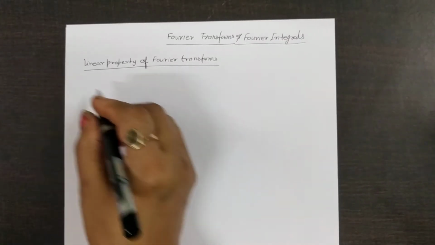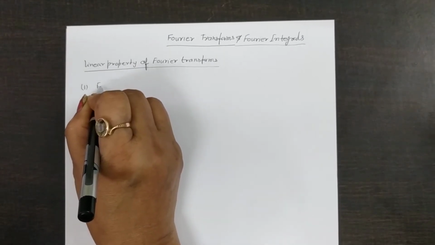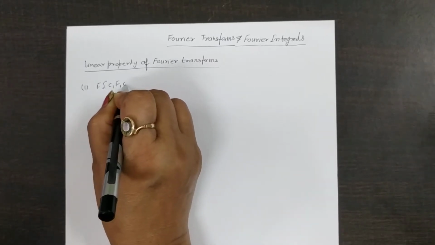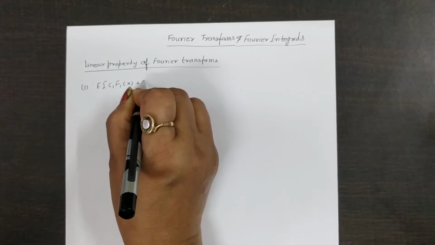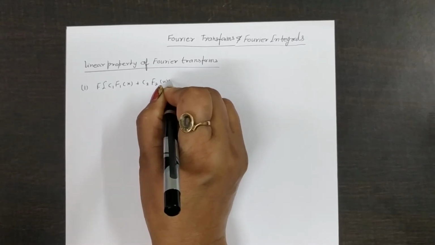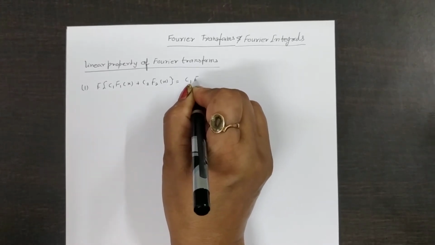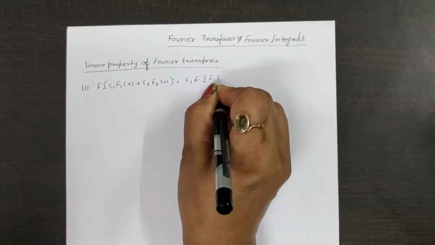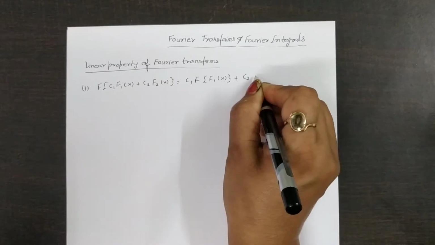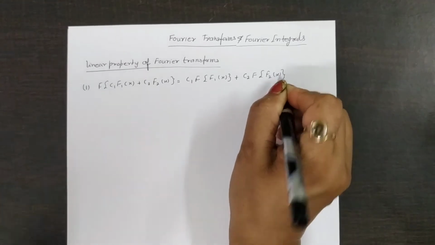The property is defined as F[c1 f1(x) + c2 f2(x)] = c1 F[f1(x)] + c2 F[f2(x)].